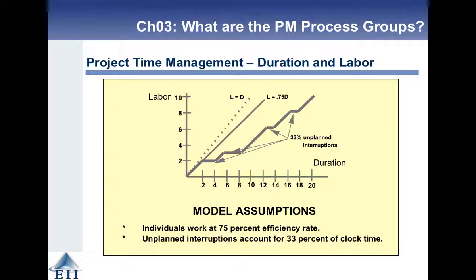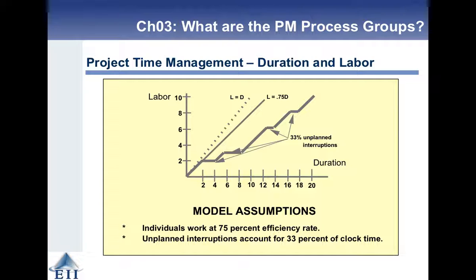So one thing people always get wrong with project management when they first start is that they think an 8-hour day is an 8-hour day. And the fact is it's not. The graph in the diagram here shows what happens when you first of all assume that your real duration is the same as the 8-hour day, right?